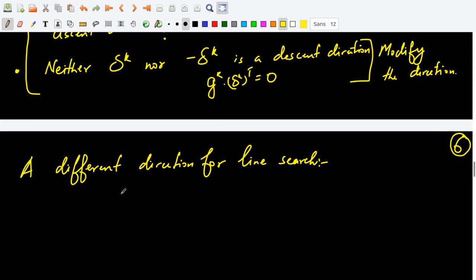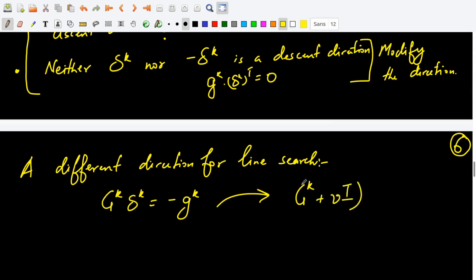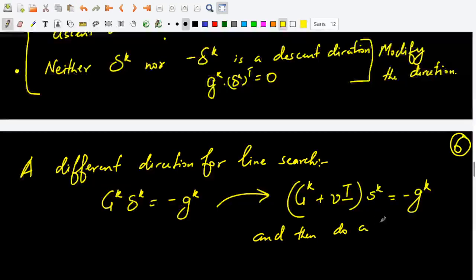So instead of having a solution to the system gk delta k equal to minus of small gk, I change it to gk plus mu times I, sk equal to minus gk, and then do a line search along sk.